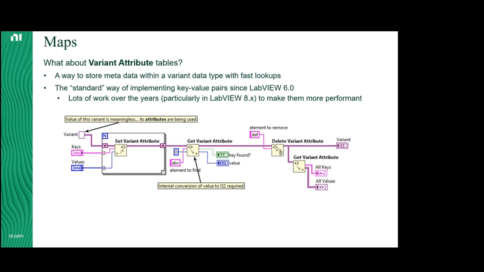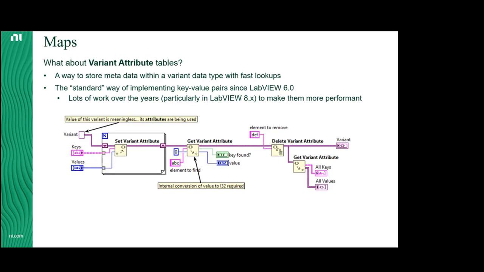But there is something about variants called variant attributes, which is a way to store metadata basically as part of the variant, but not its value. It's a little weird. But what you can do is variant attributes are key value pairs. And the key is always a string, and the value gets coerced to whatever data type you want. By default, it's a variant, but as you can see, we're coercing it to a numeric here.